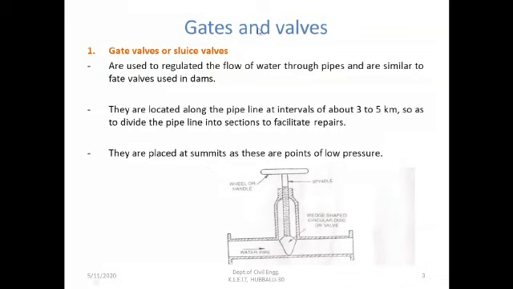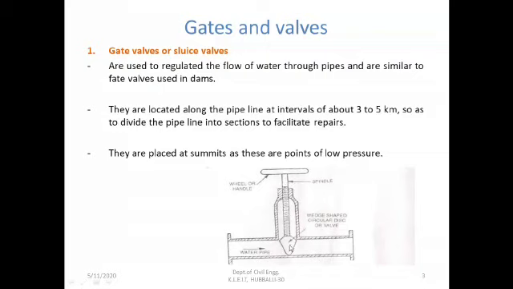The first one is gates and gate valves, or the sluice valves. These are used to regulate the flow of water. You can see here, this is the main pipeline wherein the water is being supplied. If I want to cut the supply, it acts like a gate, which is operated with a spindle connected with a wheel or a handle at the top, through which it is screwed.